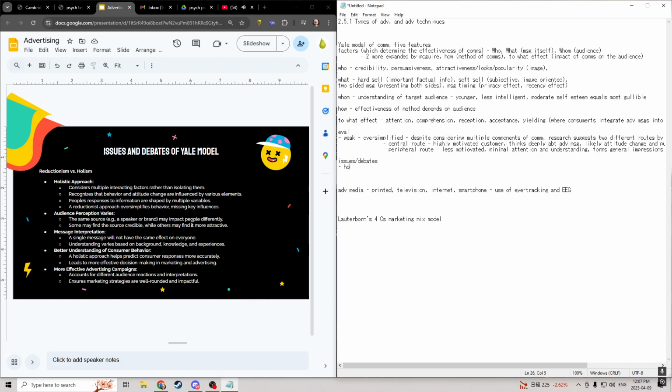Holistic approach. So it's holism versus reductionism. This is reductionism. Holistic approach considers multiple influential factors.